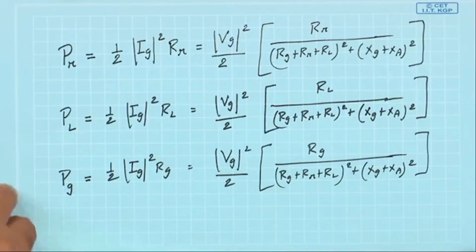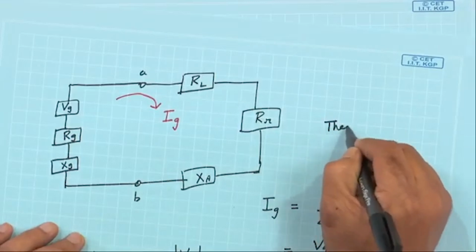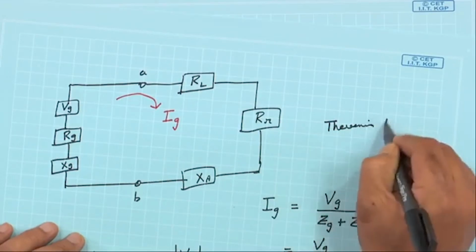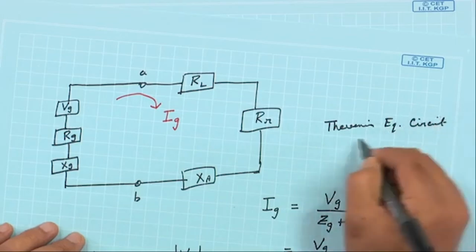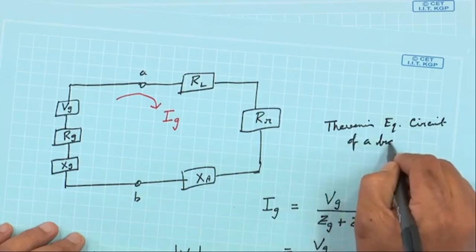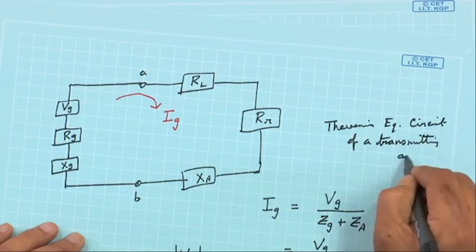Now, we will invoke a theorem that is well known for electronic students, that maximum power transfer theorem. So, again if we look at this diagram, this is actually the Thevenin equivalent circuit of a transmitting antenna.